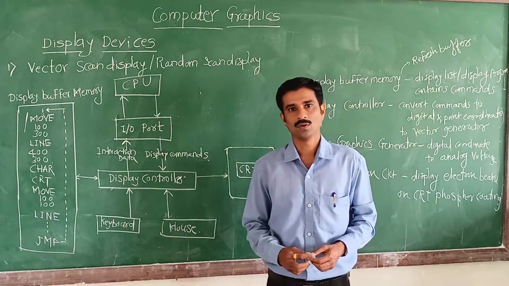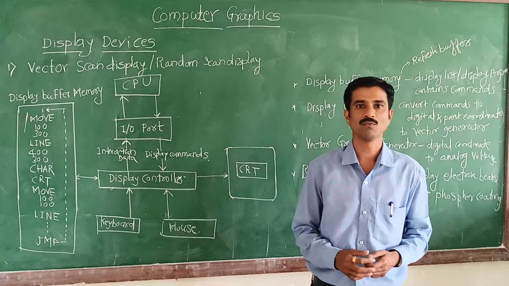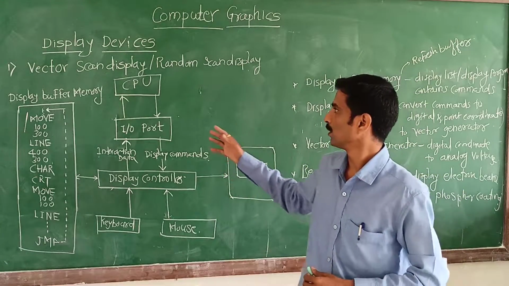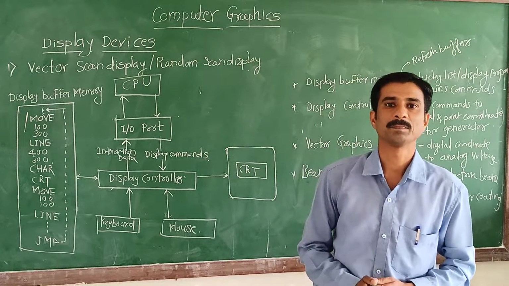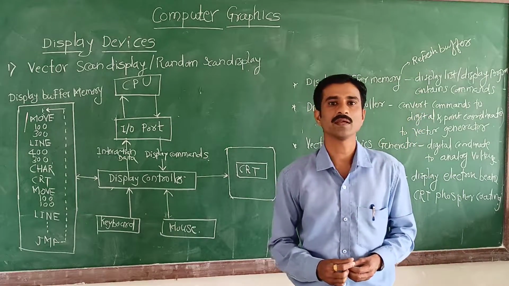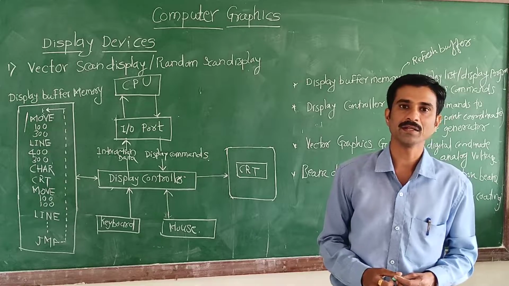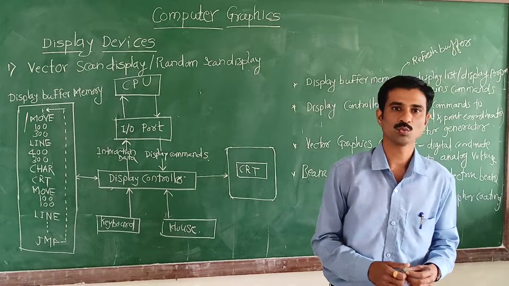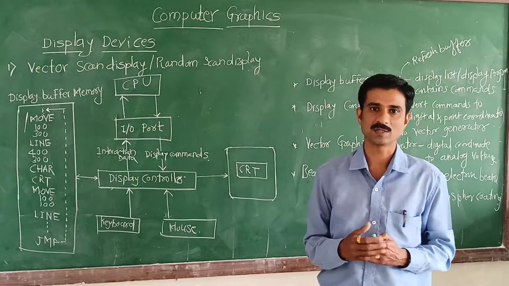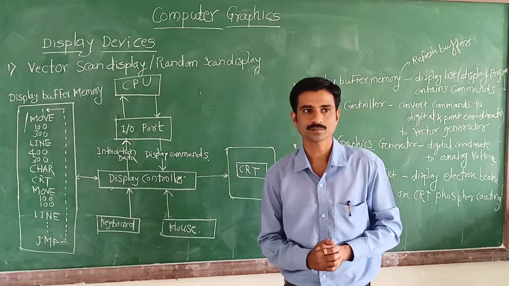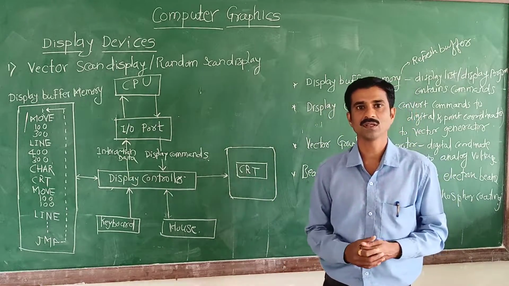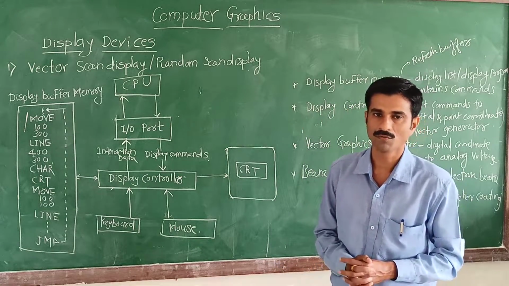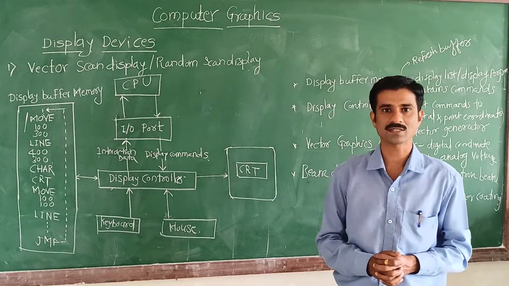There are display devices where we are using computer graphics, like vector scan display, raster scan display, LED, LCD, plasma, etc. So we will see these display devices one by one. We will see the diagram and working principle of each display device.